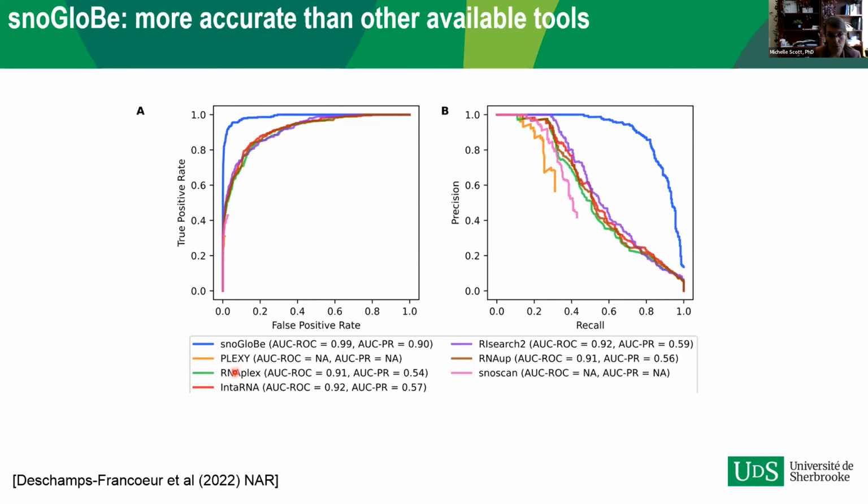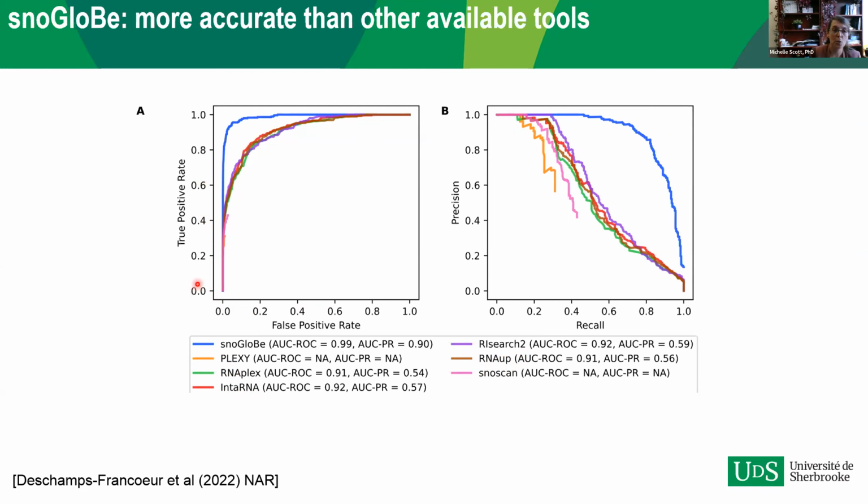But that was what is currently available in the literature to make such predictions. We also compared the predictions of SNOGLOBE to the predictions of general RNA interaction predictors: RNAplex, IntaRNA, RISearch2, and RNAup. So here we're looking at ROC curves and precision-recall curves.